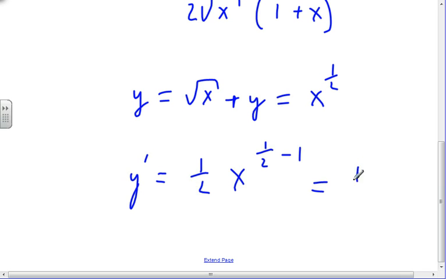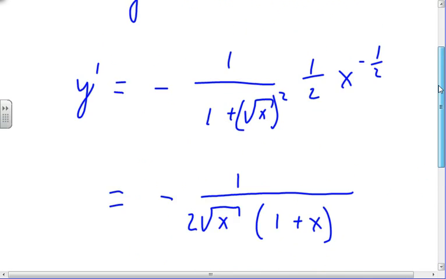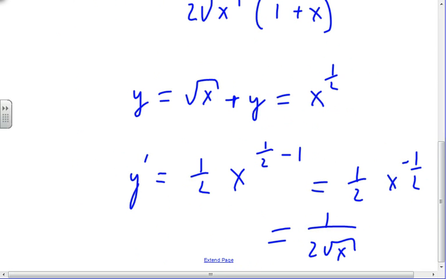So I write 1/2 x to the minus 1/2, and then I would rewrite that as 1 over 2 times the square root of x. Okay, good enough? Okay, that was number 6.